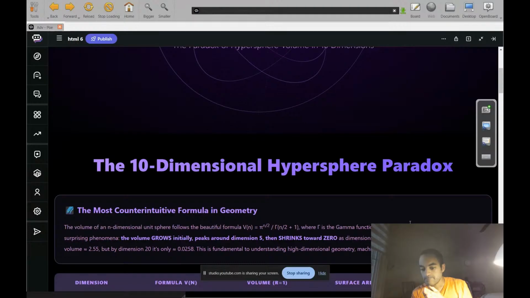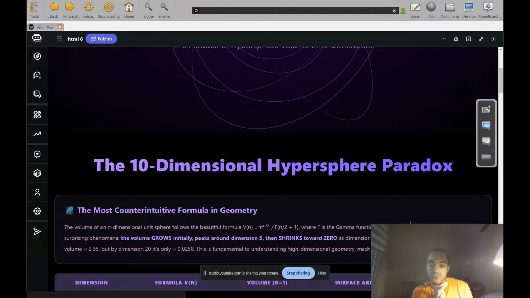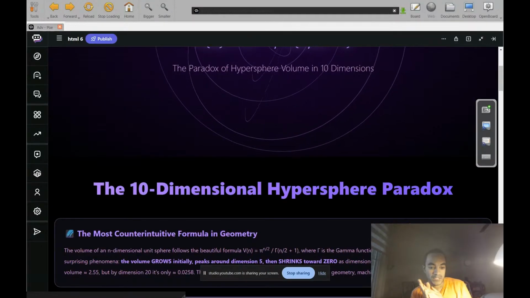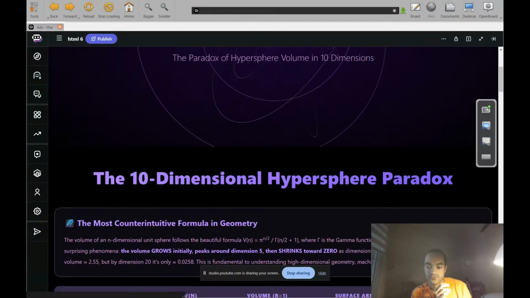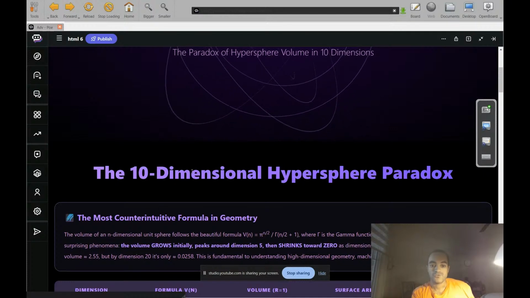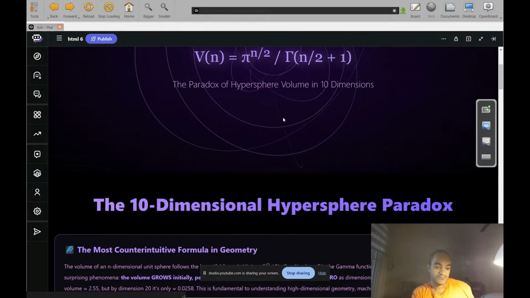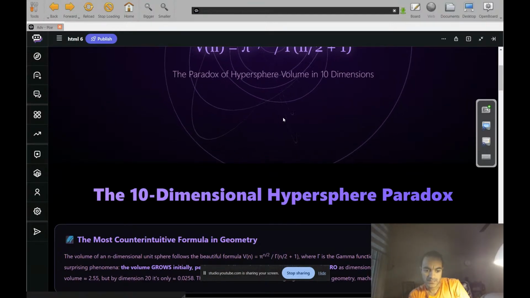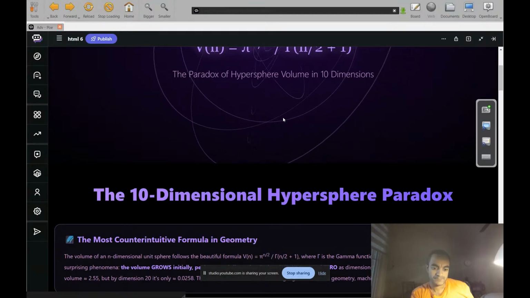We won't necessarily prove this formula, but we will look at validating this point right here, that a 10-dimensional hypersphere has a constant volume of 2.55. In other words, we'll numerically calculate at n equals 10 that we should get a volume of 2.55.